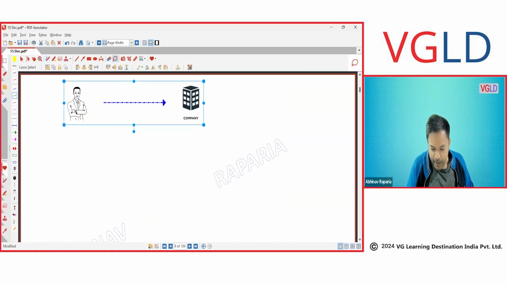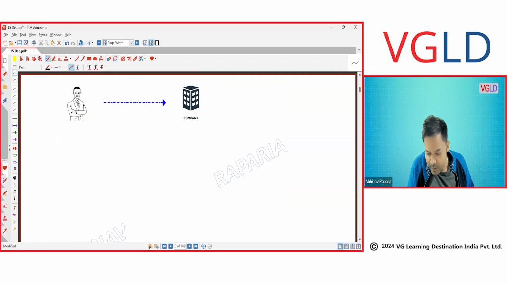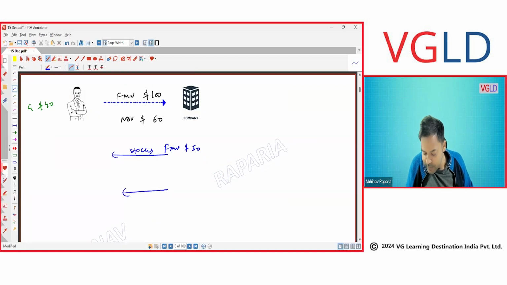Now, if I tell you I am giving something for which fair market value is 100 and net book value is 60, obviously my gain is 40. The company is giving me stocks with fair market value 50. The company is also giving me a property for which fair market value is 30.